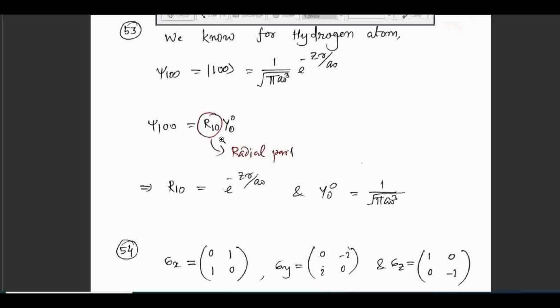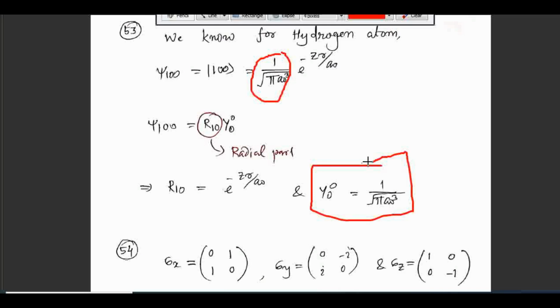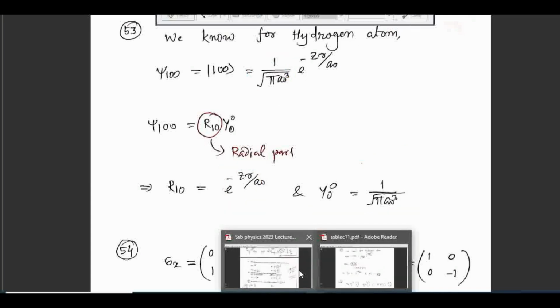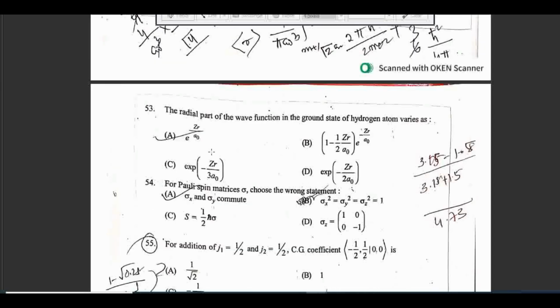We know that the Y00 part is nothing but this term. So definitely R10 is this much, and it varies like this. So this option is correct.